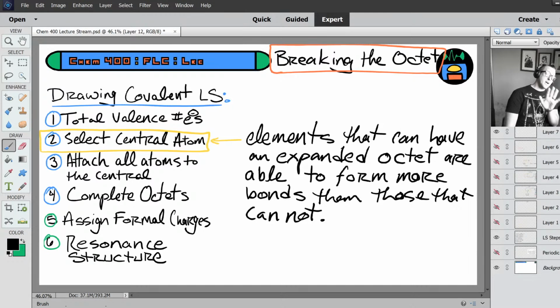And so you want to keep that in mind when it comes to selecting your central atom.